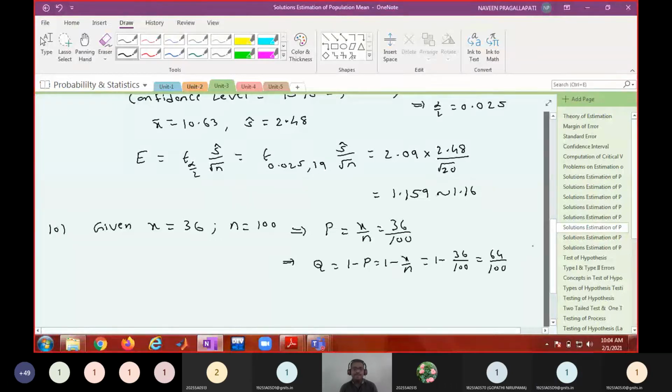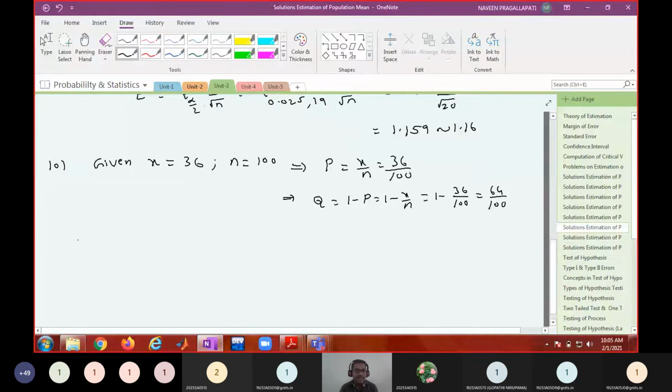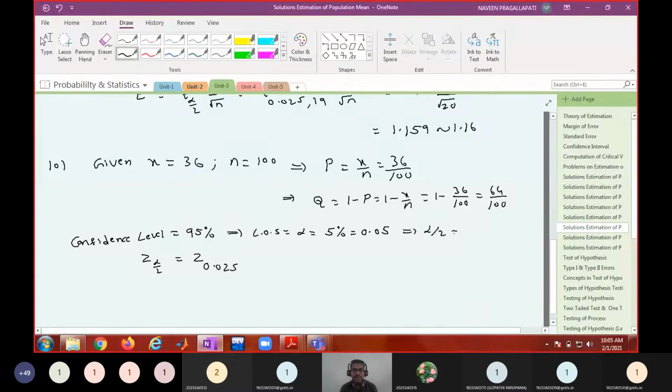Confidence level equal to 95% implies the level of significance alpha equal to 5%, that is 0.05. Now what is the formula? Let us compute the critical value also. z alpha by 2 is z 0.025.